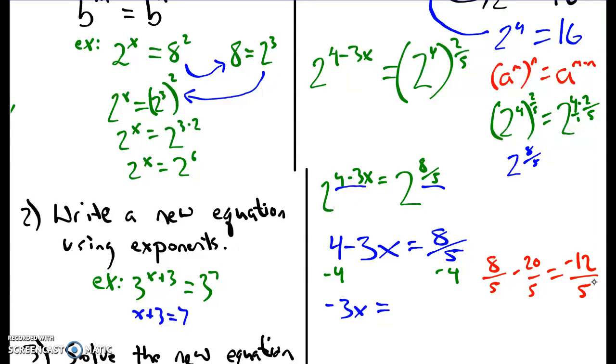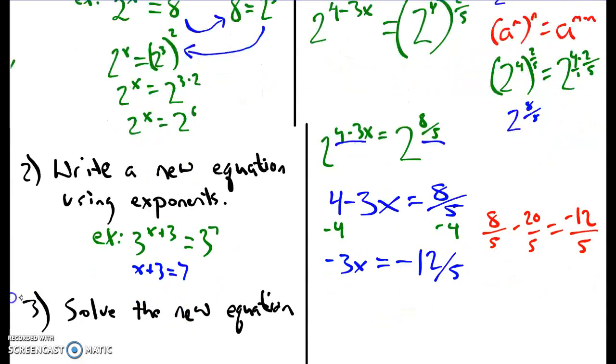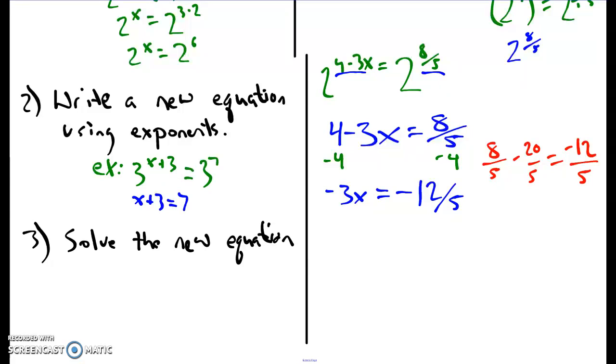I prefer to keep it as a fraction. You could treat it as a decimal, but that can get ugly if you're working with thirds or sevenths. So negative 12/5. And finishing up solving this equation, which was step 3: divide both sides by negative 3.